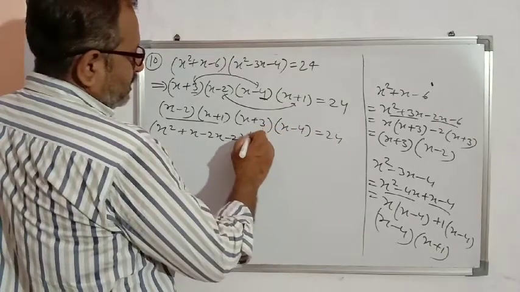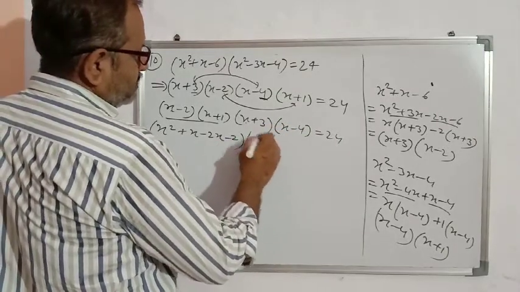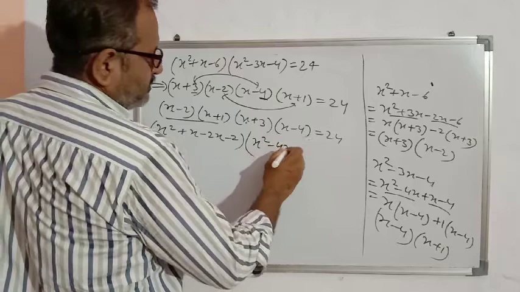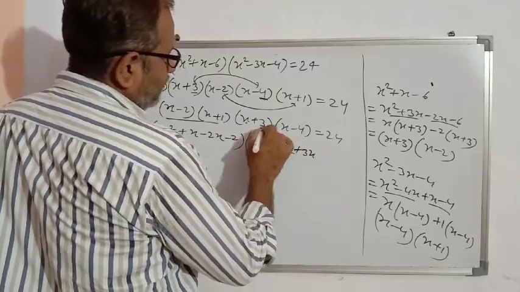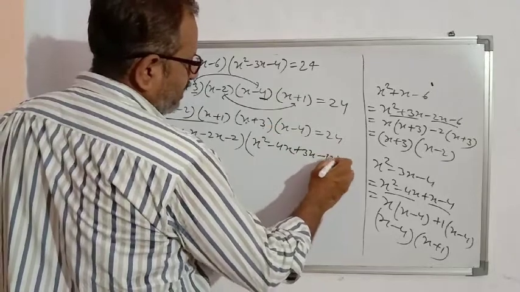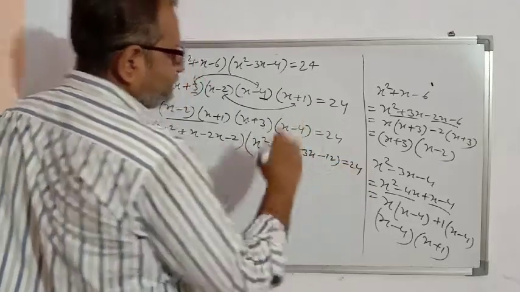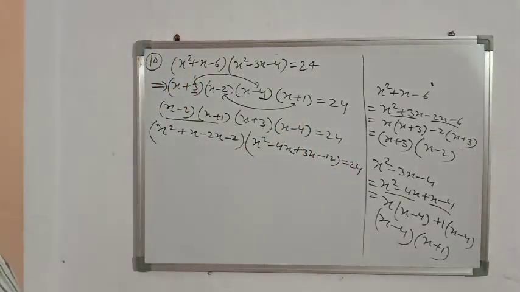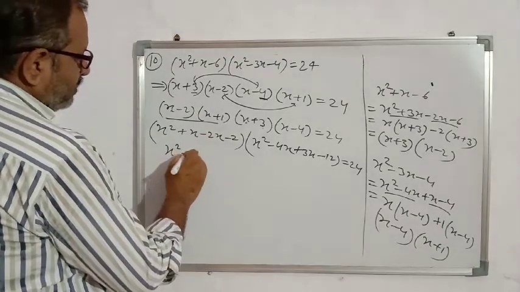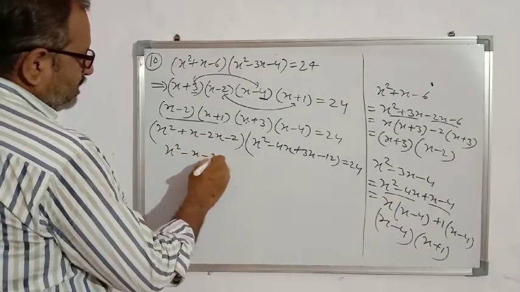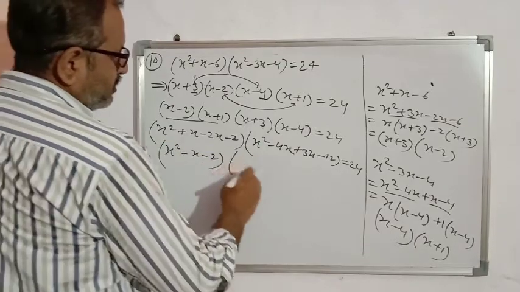Multiply the last two brackets: x into x, x²; x into −4, −4x; plus 3x; and 3 into −4 is −12. So x² − x − 2.